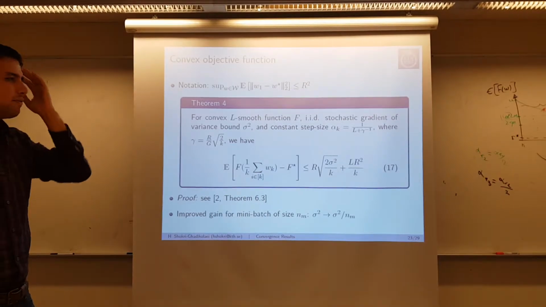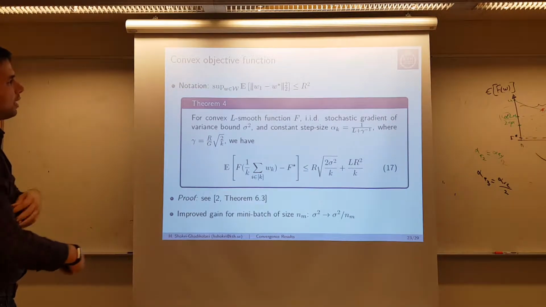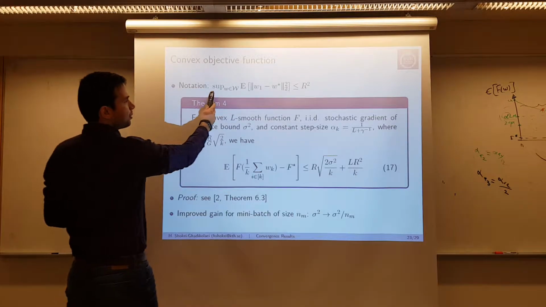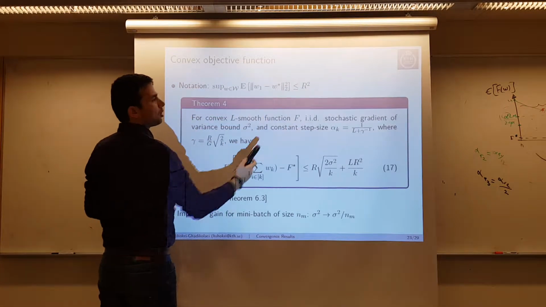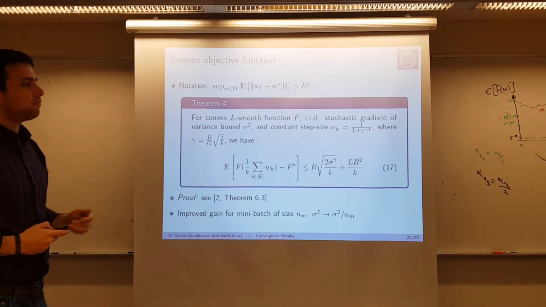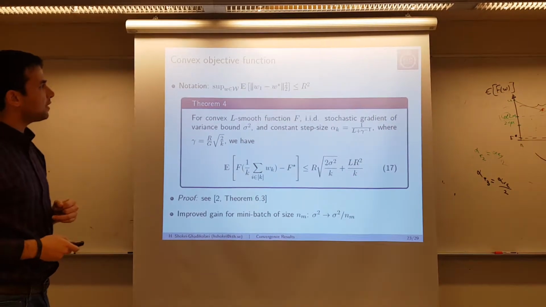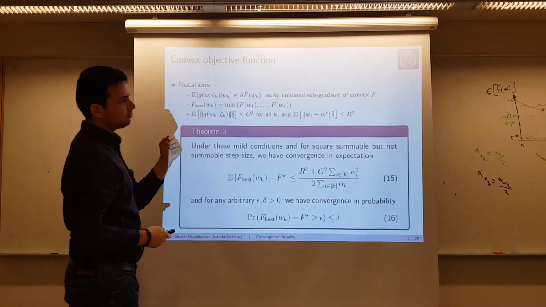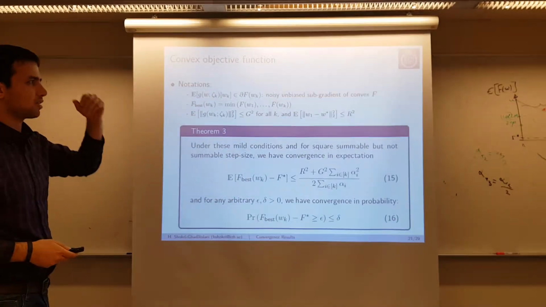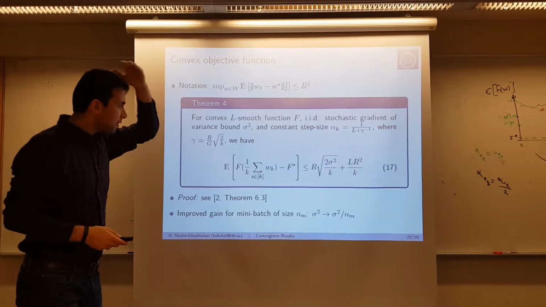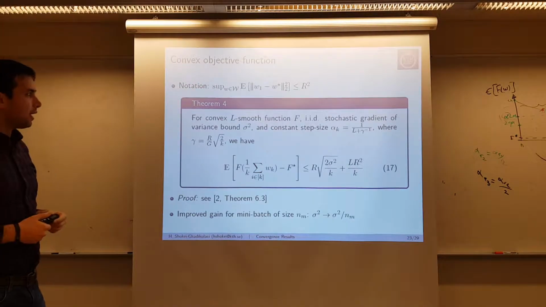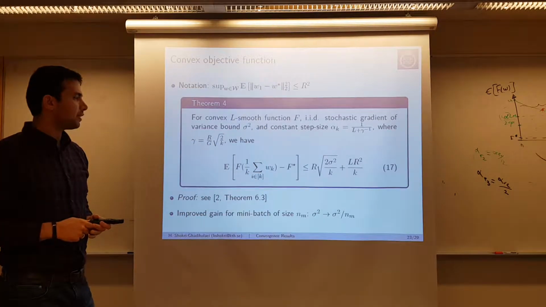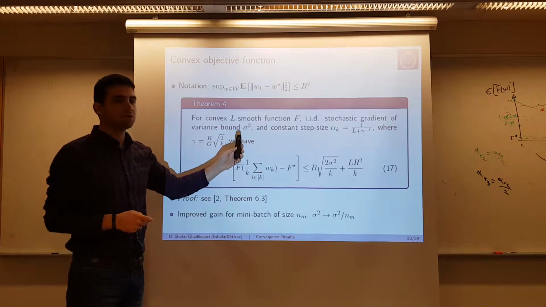Anyway, what it's saying is that the supremum of this should be R2. Previously we assumed that this guy is R2, but now nothing would change if you assume the supremum of this guy is R2. So the same thing here, and now we need to have Lipschitz functions and IID stochastic gradients with variance bound sigma 2.